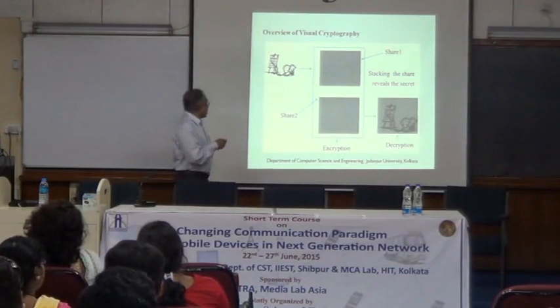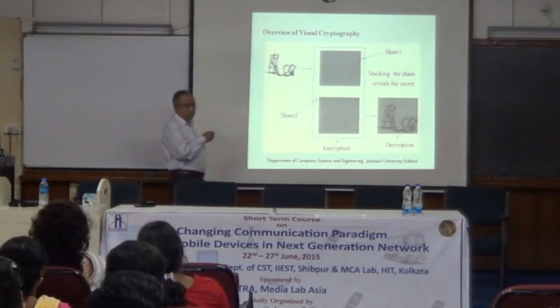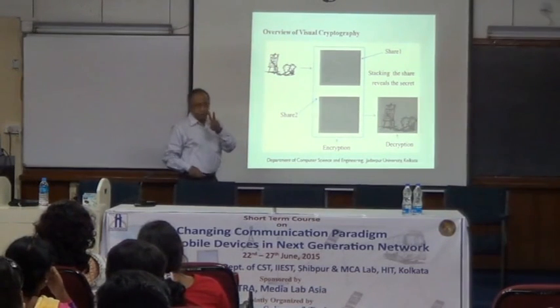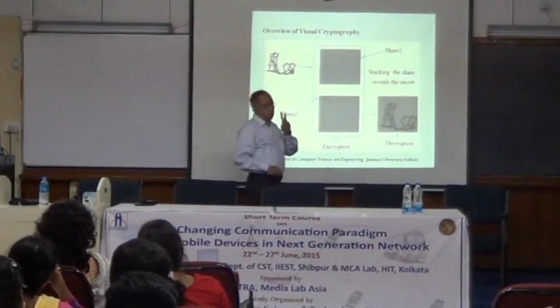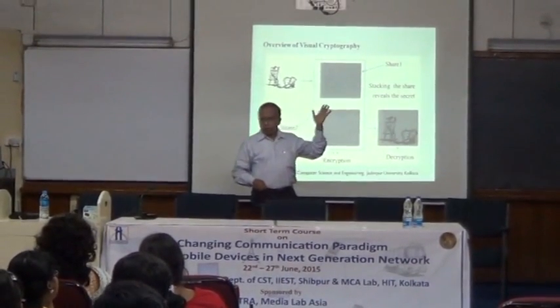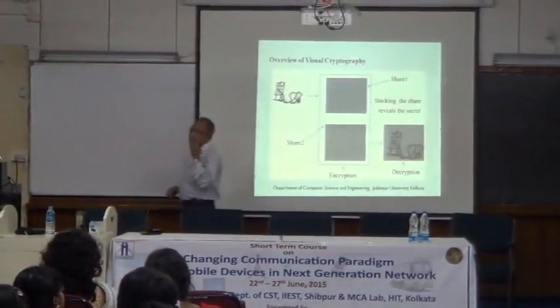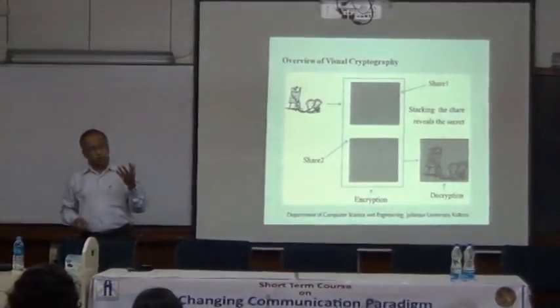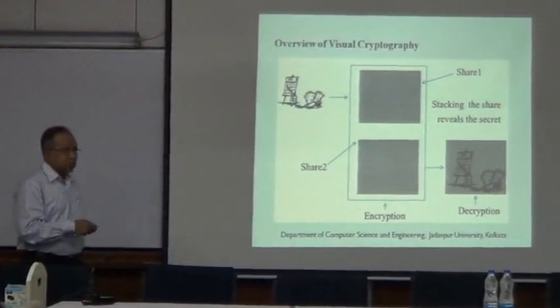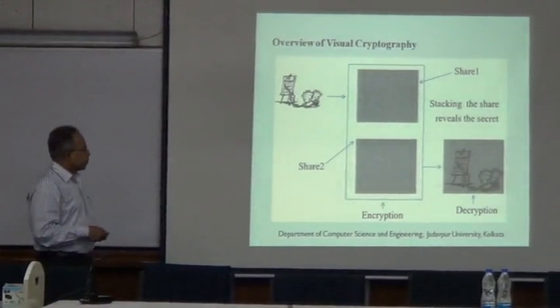For every pixel of the secret, every share should have 2 pixels. So every share is double the original one. Clear? If you have 100 pixels, every share should have 200 pixels. If there are 200 pixels, every share should have 400 pixels. So every share is 2 times the original.